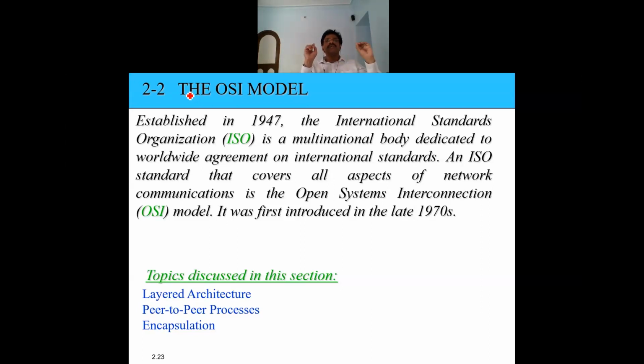X.200 was the series of recommendations utilized by the International Telecommunication Union, and it defined the first documents required for the OSI standard. Some of the protocol specifications were also provided in other ITU-T X-series standards.